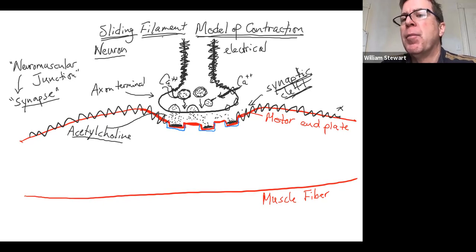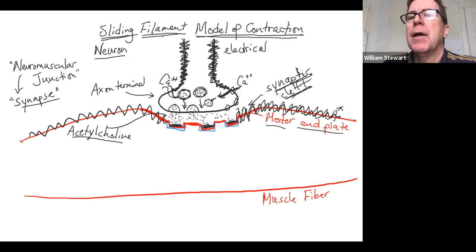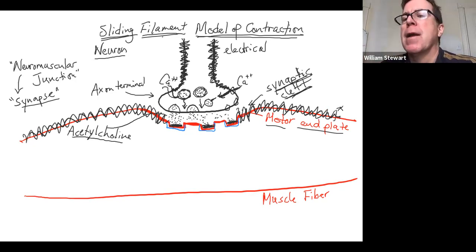That acetylcholine binds to receptors on the motor end plates of the muscle cell, and that generates an electrical impulse on the sarcoplasm of the muscle cell, the outer plasma membrane. I'm going to pick up here next time and explain what happens when that electrical impulse is generated along the edge of a muscle cell.